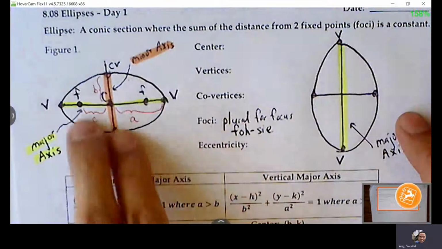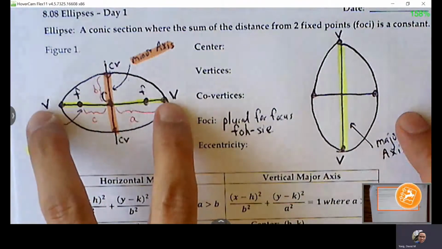Same thing in this diagram. Your major axis will always connect vertex to vertex.